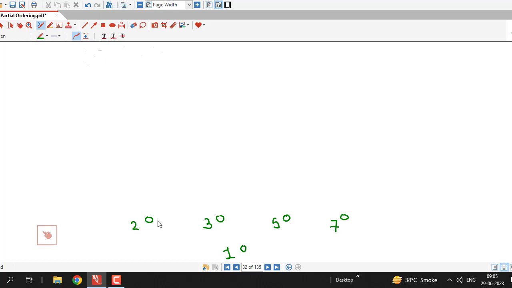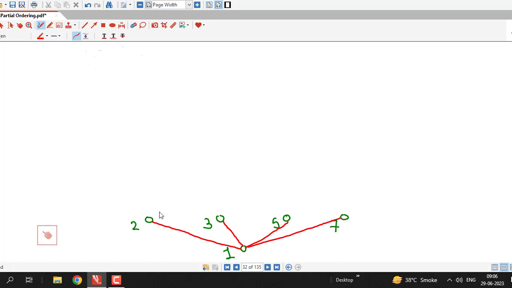And all these elements are covers of 1. So I have to join them by a line segment. So I join these two by line segment. There is a line segment between 1 and 3 also, line segment between 1 and 5, and 7 also covers 1. So I have to join these two by line segment.